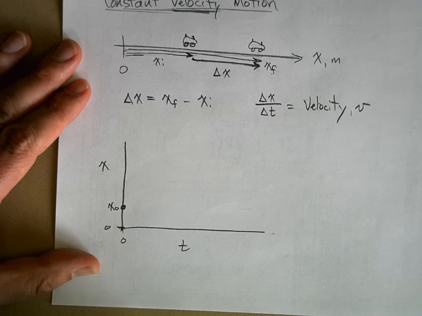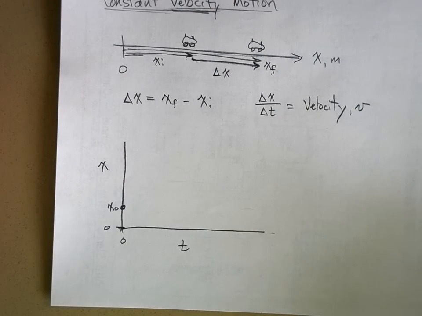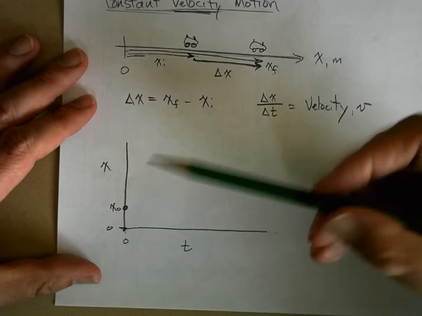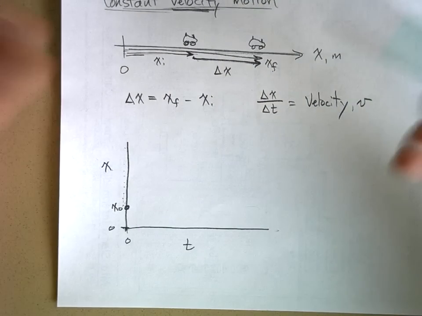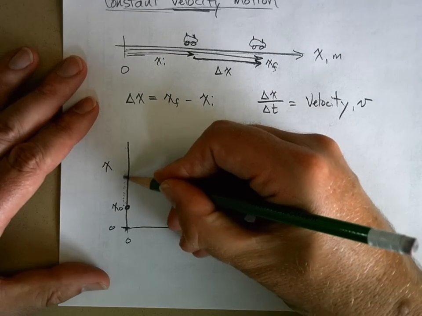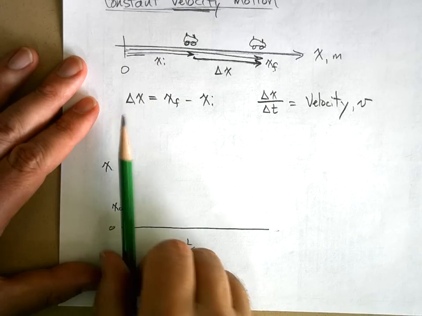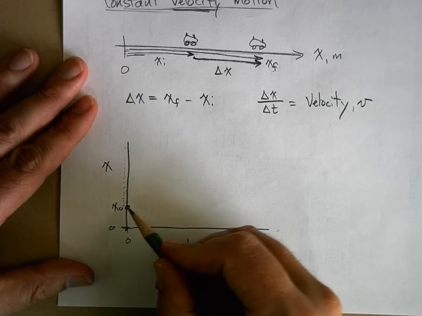You say, oh, this position when time is 0, and then we release the object, and it moved over time, increasing its position. And remember, the motion is along the x-axis. If you were to actually physically watch the object move, it would move up the x-axis like this. But of course, what we do is we take that motion and we spread it out over time. And when we do that, it draws a straight line.